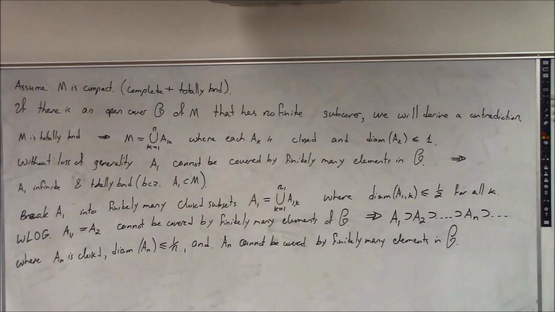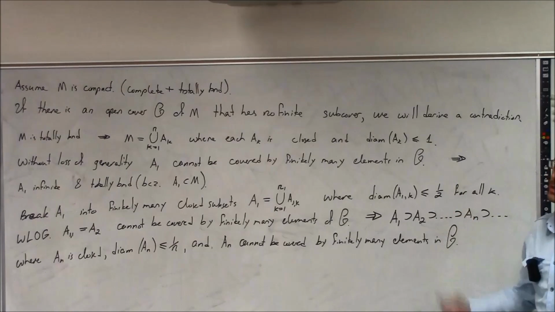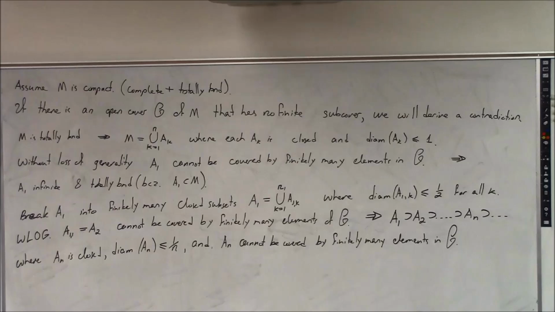So what you have is we are assuming that M cannot be covered by finitely many elements of G. Now we also assume that M is totally bounded for now. I didn't use completeness yet. So the first part is that I can tear M into pieces of diameter at most epsilon, each piece closed.